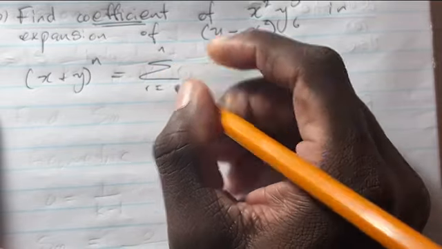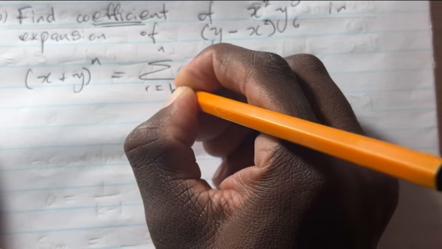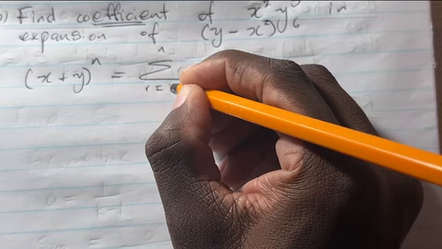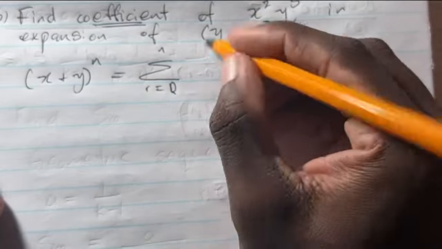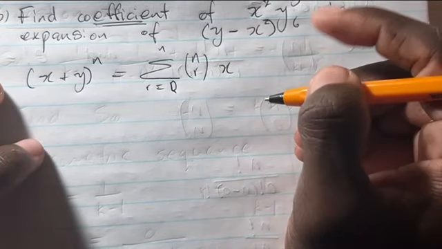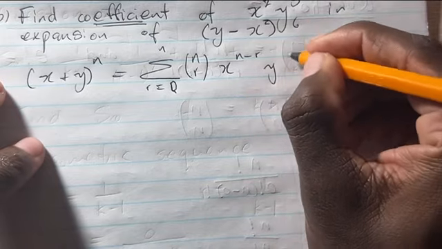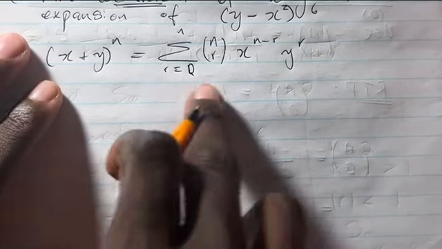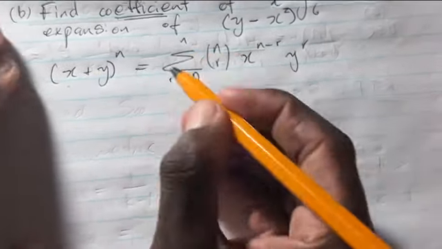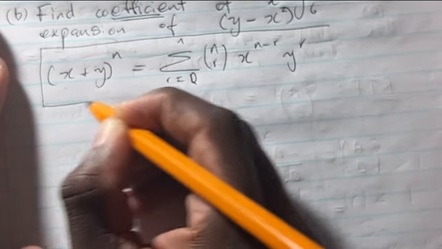I'm going to use R. From R equals 0, of n choose R, x to the n minus R, y to the R. Okay, so basically this is the binomial expansion of something that has an x plus y. I'm just saying the general rule here, not specifically applying it to this question. Just a reminder.